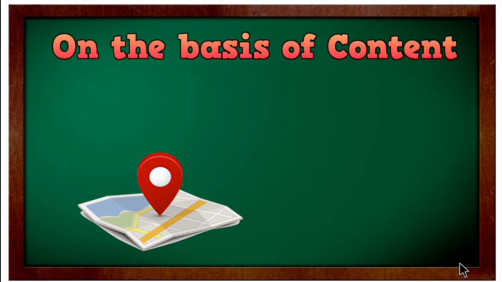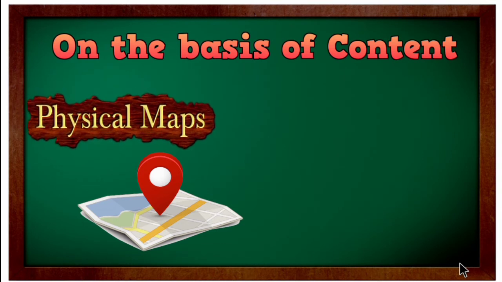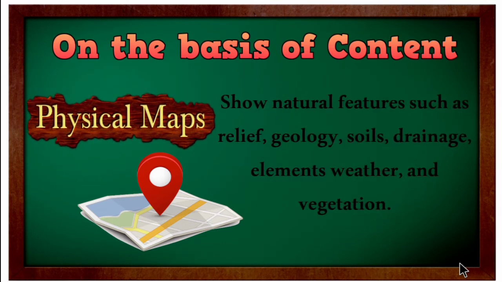So now let's move on to the second type of map, that is on the basis of content. On the basis of content, the map is classified into several types. So let's see it. First one is physical maps. Physical maps show the natural features such as relief, geology, soils, drainage, elements, weather and vegetation.